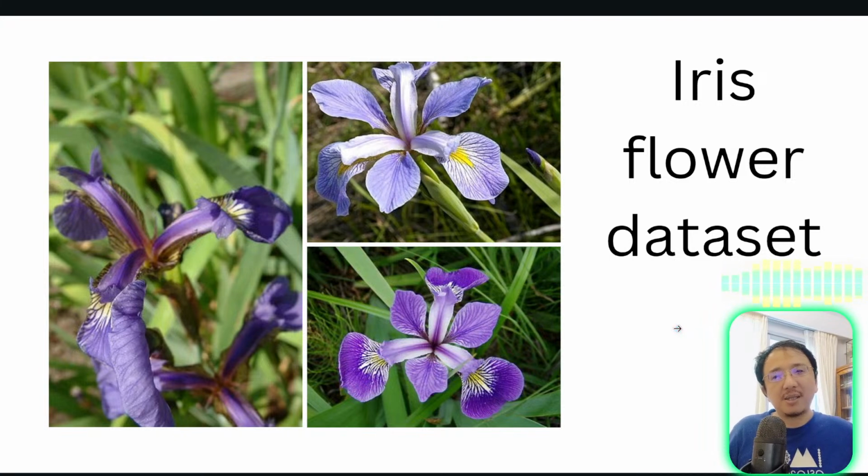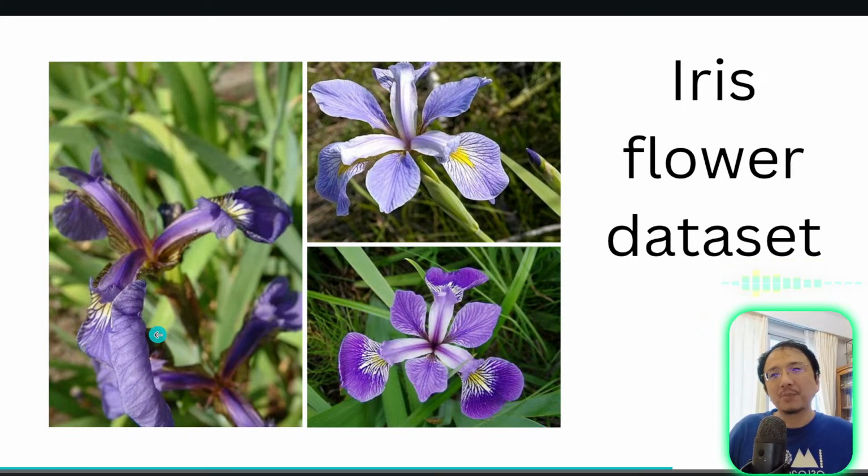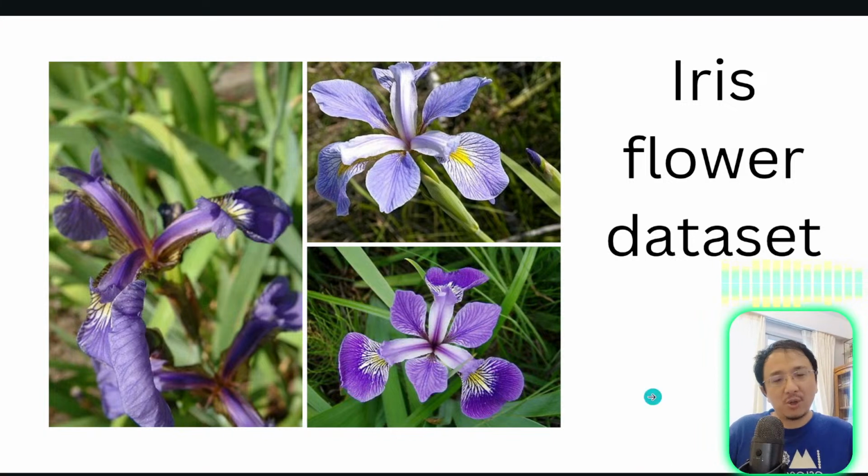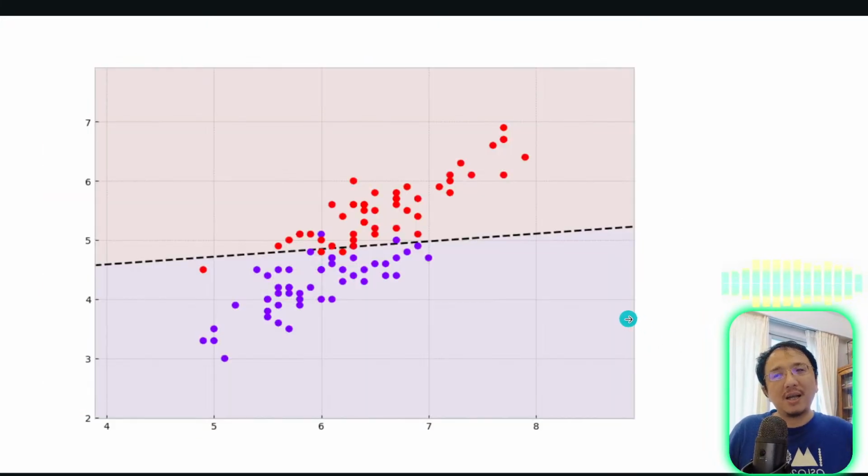We are testing this on the iris flower dataset, which you can use directly in the Scikit-learn dataset submodule. In this dataset, we have 3 different kinds of iris flower, and 4 different features, like the length or the width of these flowers, and we use these features to classify which category a flower is. By using logistic regression, you can see that fundamentally it is a binary classifier.